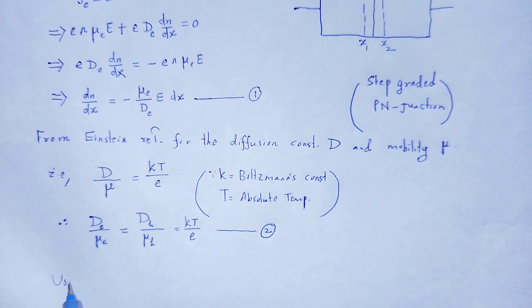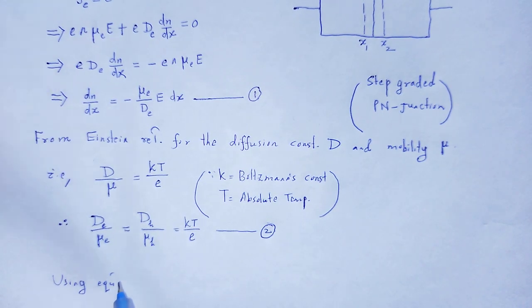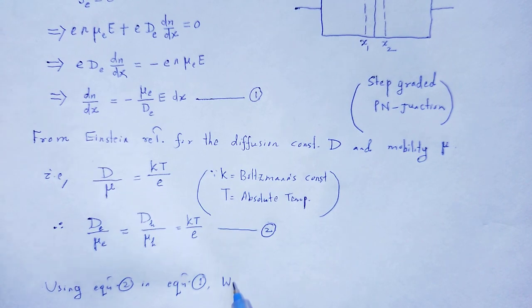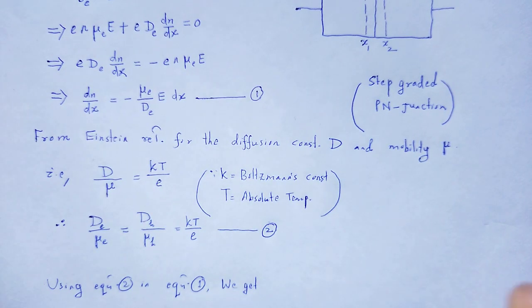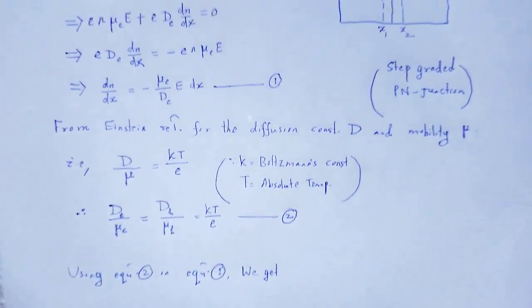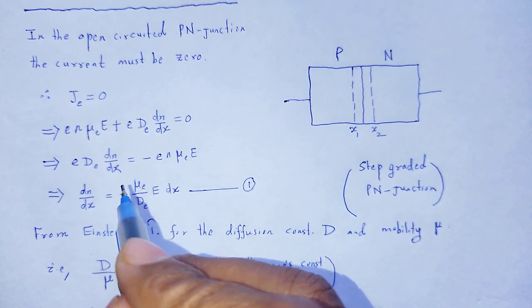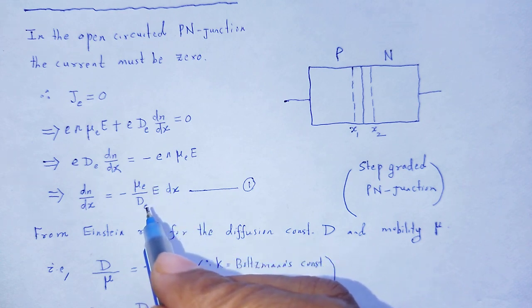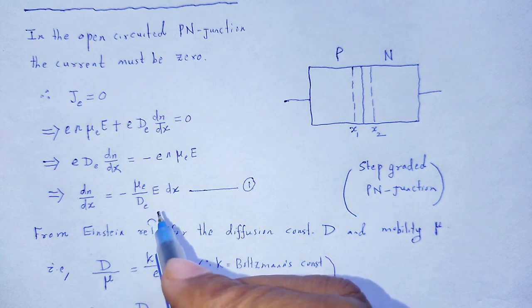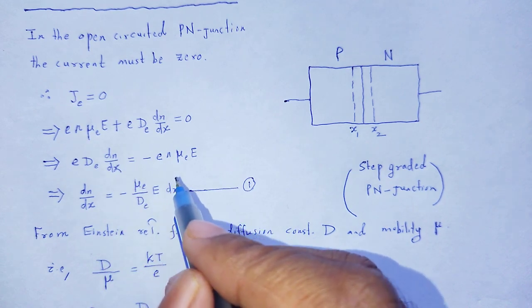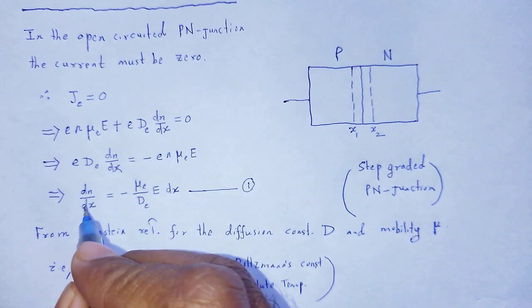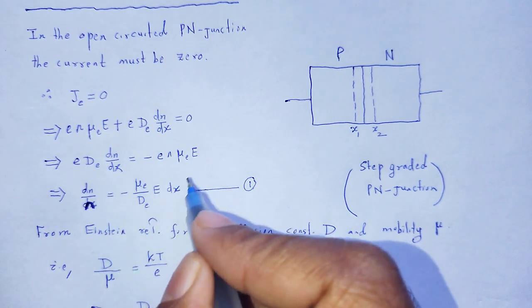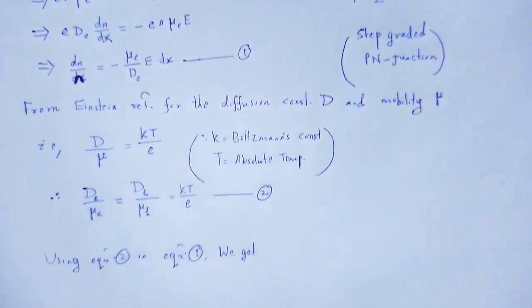Using equation number 2 in equation number 1, we get dn by n, with dx multiplied on that side.